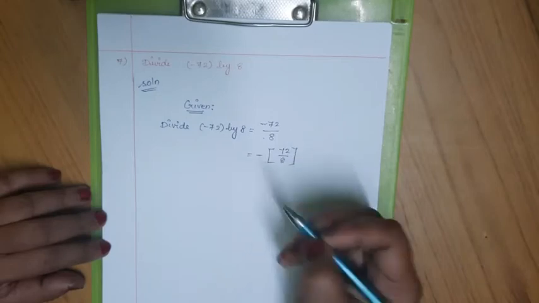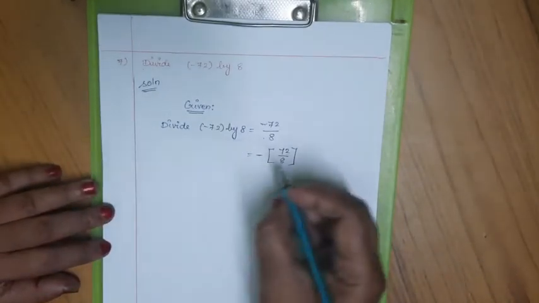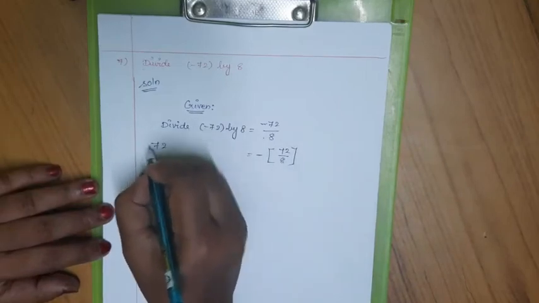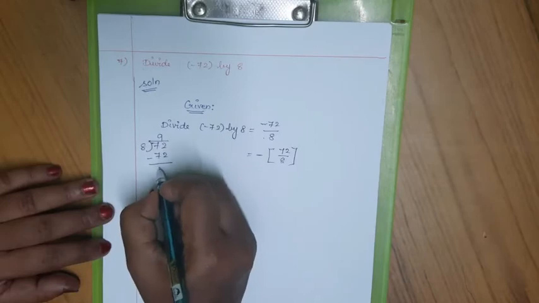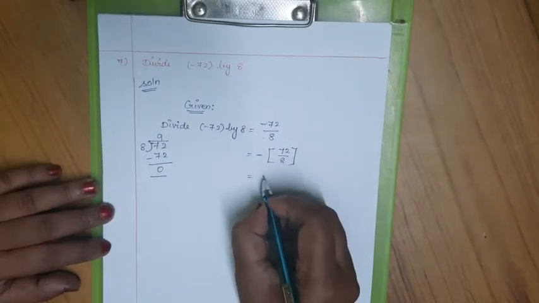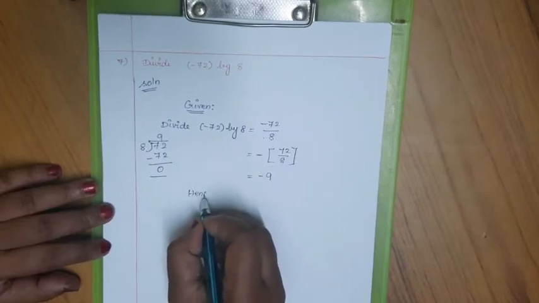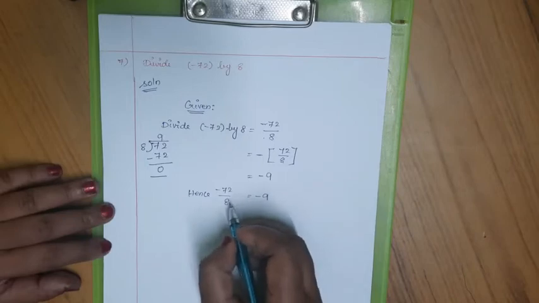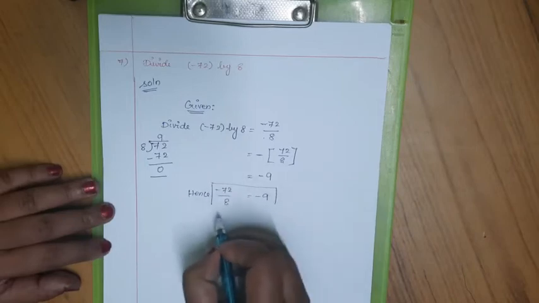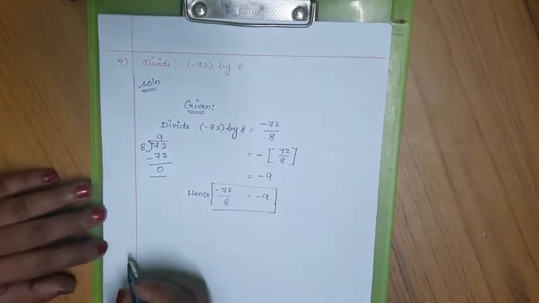So minus of 72 divided by 8. Here we are going to divide 72 by 8. 9 8s are 72. So the quotient is 9. Answer is minus 9. Hence minus 72 divided by 8 is equal to minus 9, which is the required answer.